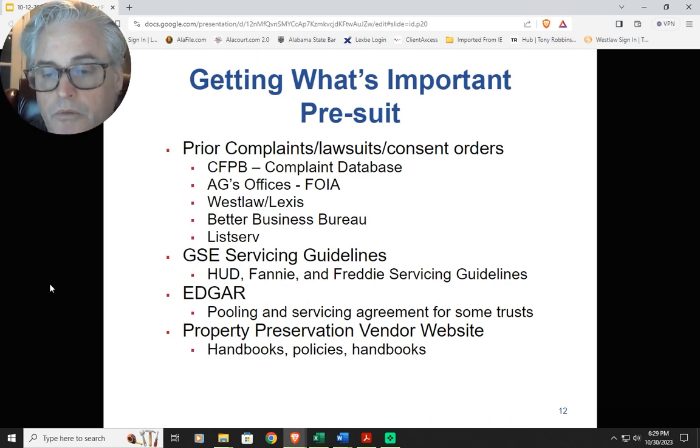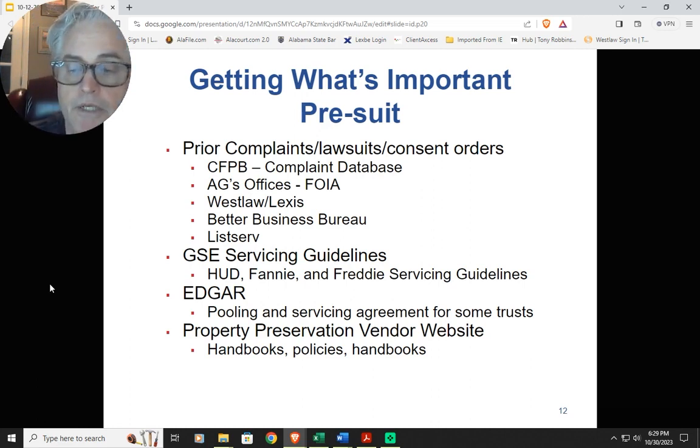The Edgar website can also give you a pooling and servicing agreement if your loan is privately owned in some instances and it's been securitized. It used to obviously happen a lot more than it does since the financial crisis of 08-09. Back then, we always went to Edgar to get the PSA or the pooling and servicing agreement. Nowadays, we almost never need to do that.